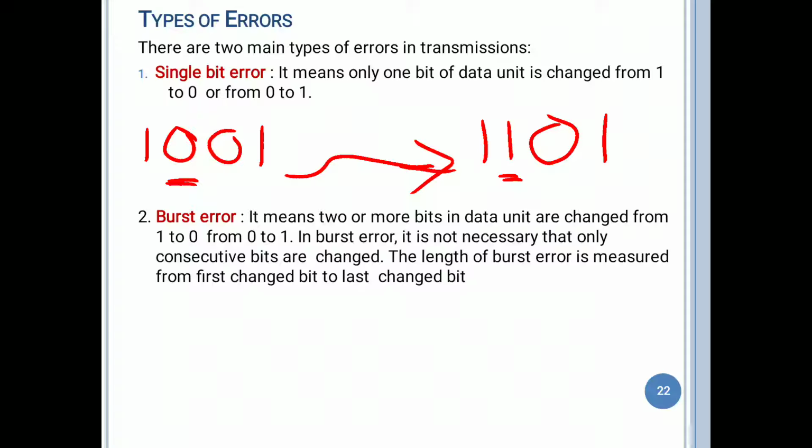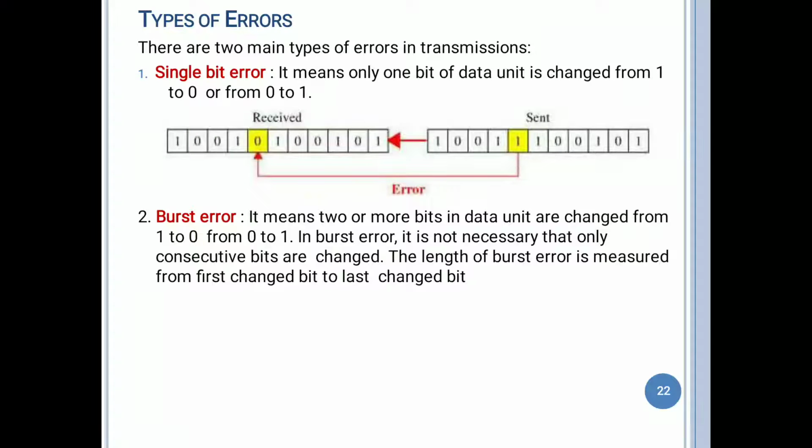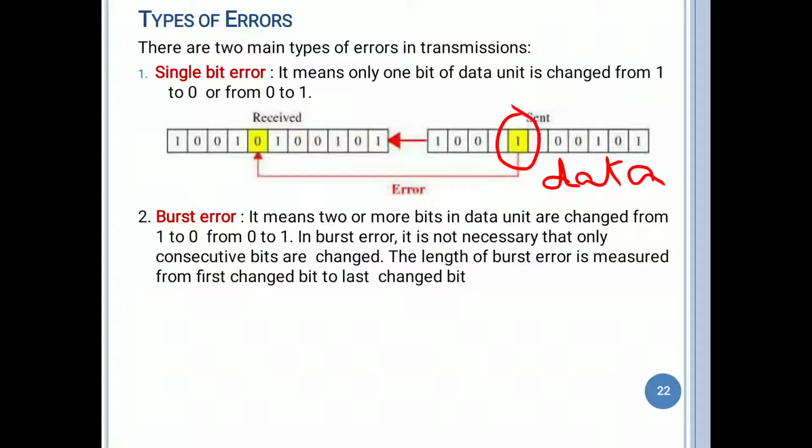Then what is burst error? First, this is the example. The sender wants to send this data. Here at this position the bit 1 is changed to 0 due to the noisy channel.